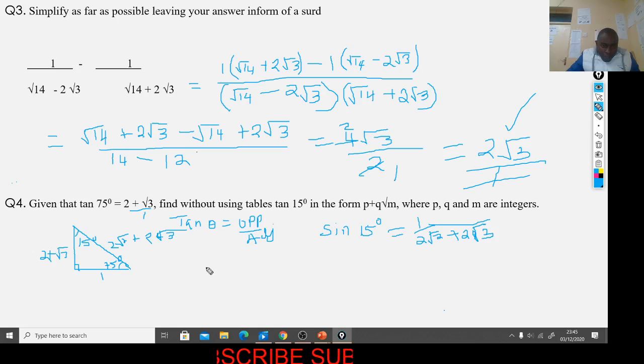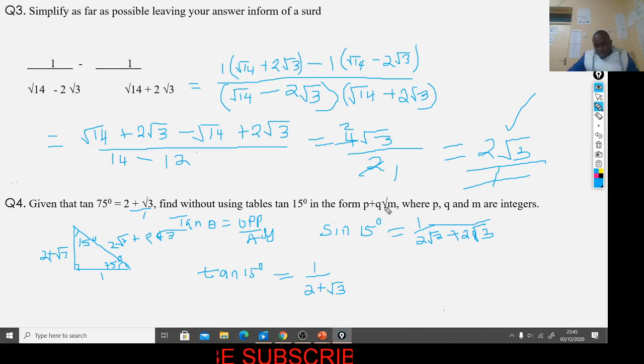But we are talking about tan of 15 because that is our interest. Tan 15 degrees equals the opposite over the adjacent. The opposite is 1, all over the adjacent, which is 2 plus the root of 3.